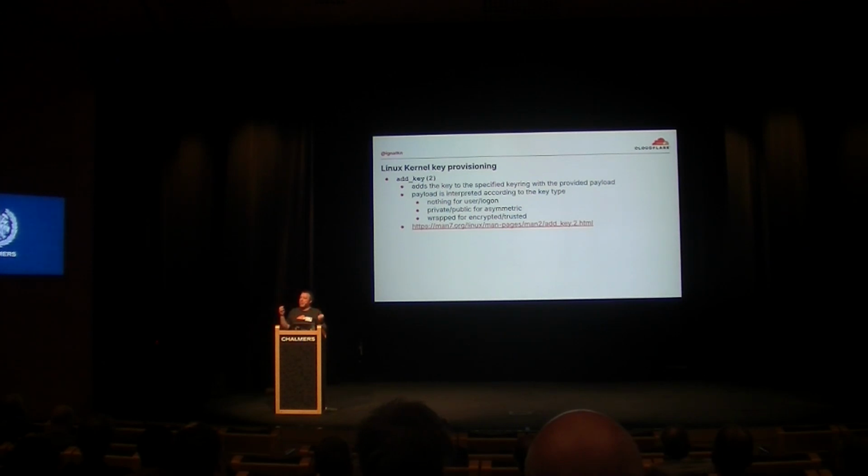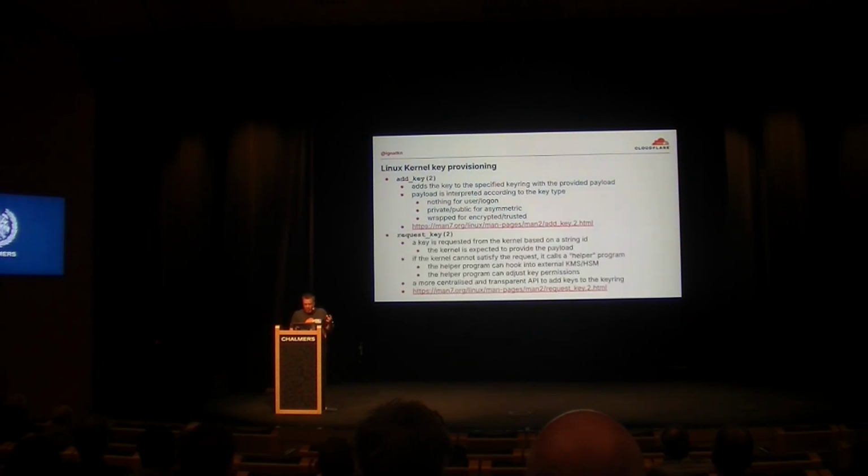That key can be a plain text key if it's a user key, or an encrypted blob if it's an encrypted or trusted key, but the application still needs to have this data. There is a different, more interesting system call called request_key, and the semantics here are better: the application doesn't have anything. The only thing it says is, hey kernel, give me my key. And the kernel is somehow responsible to figure it out.